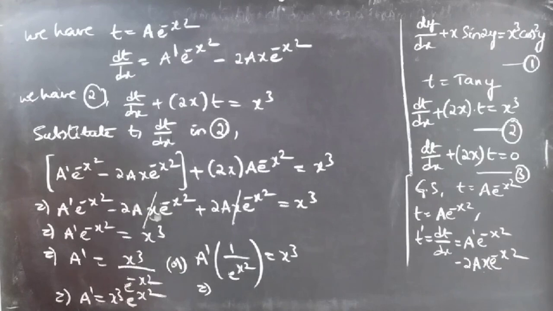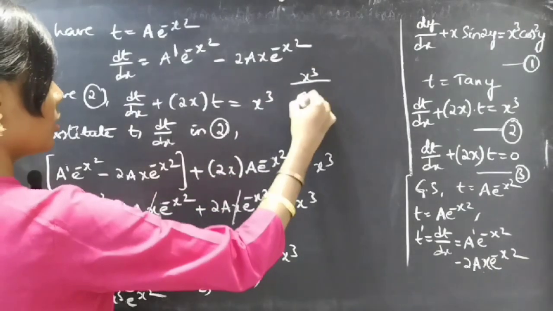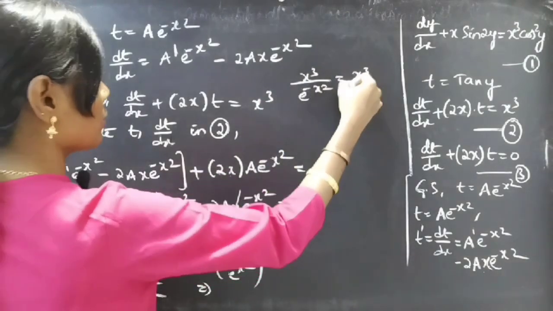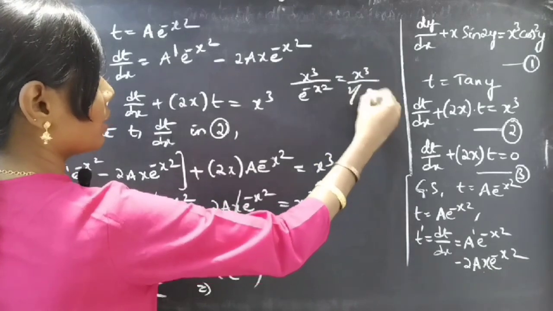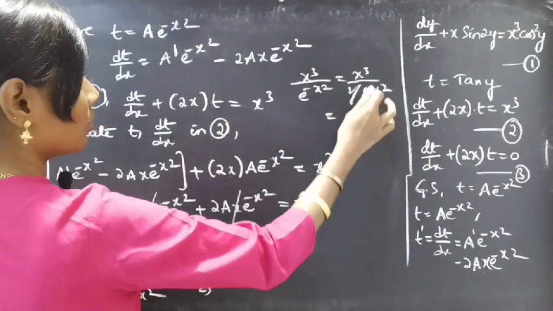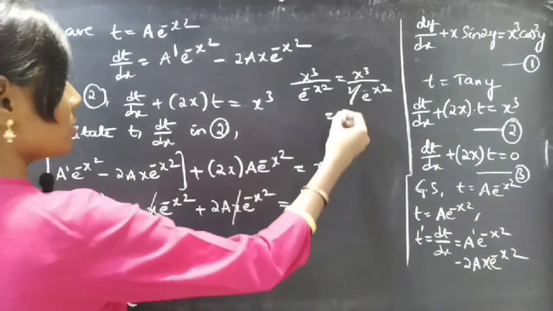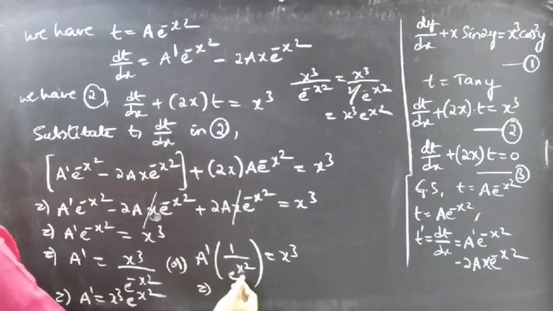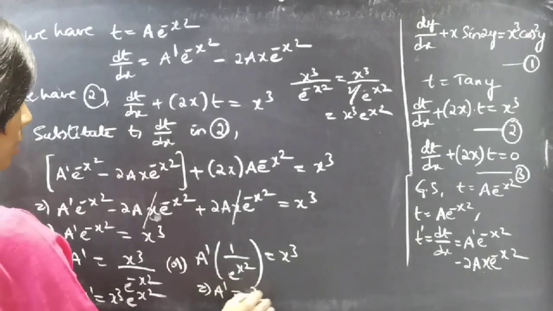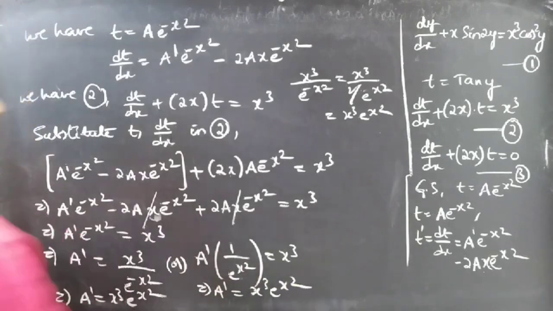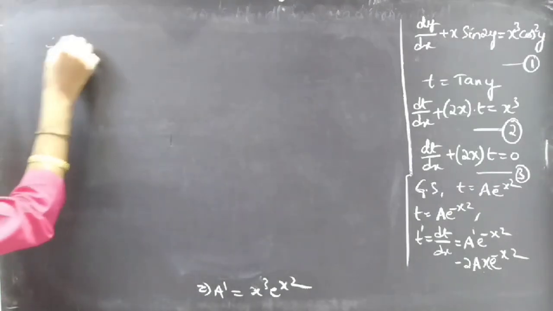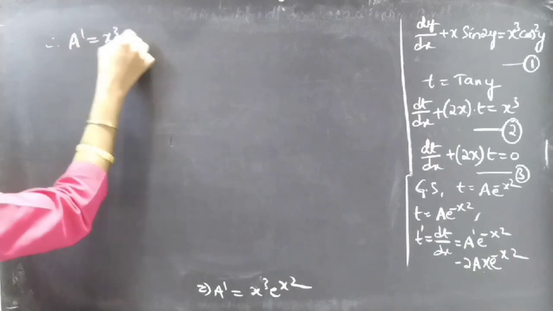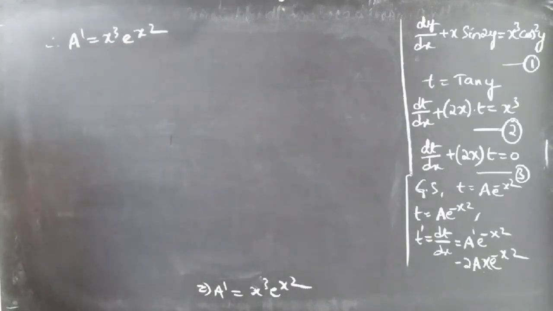Then x cube by e power minus x square can be written as x cube by 1 by e power x square. This gives us x cube into e power x square, or we can just take this e power x square to the RHS and we'll get directly a dash equals x cube into e power x square. Therefore, a dash equals x cube e power x square.